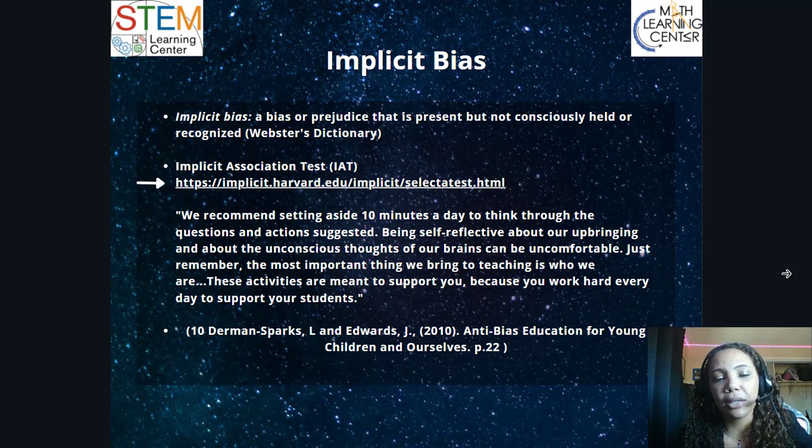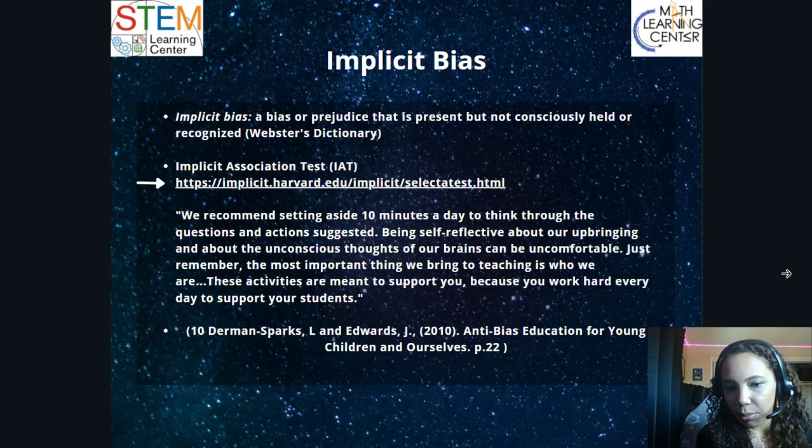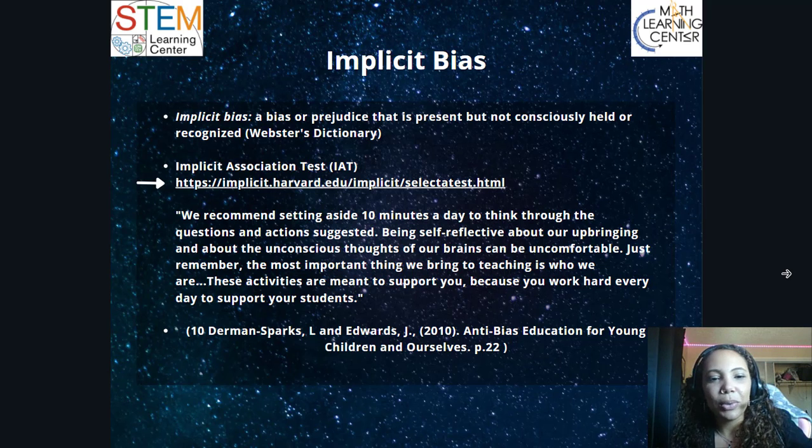It's a thought-provoking exercise. So I'm going to read this quote. "We recommend setting aside 10 minutes a day to think through questions and actions suggested. Being self-reflective about our upbringing and about the unconscious thoughts of our brains can be uncomfortable. But just a reminder that the most important thing that we can bring to teaching and tutoring is who we are.